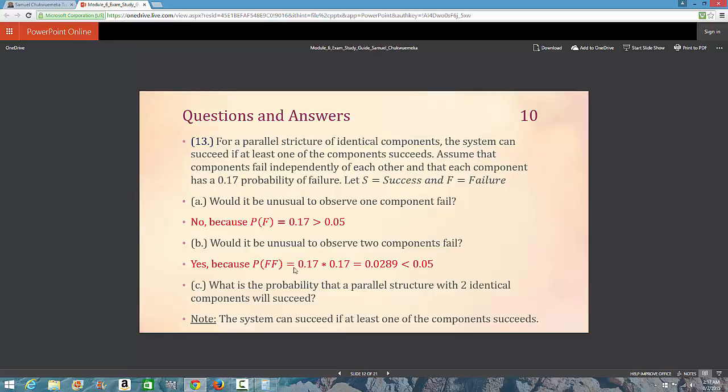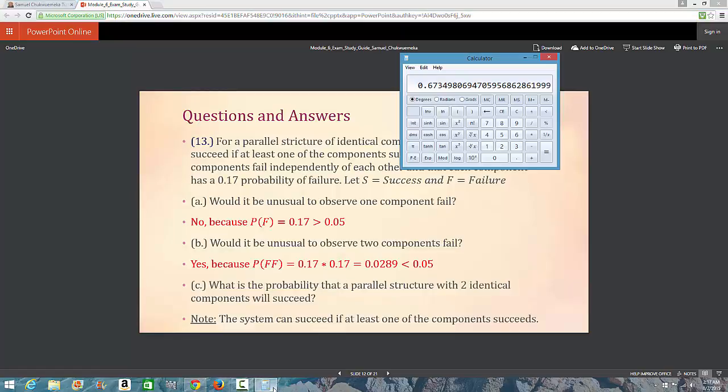For two components to fail, it will be 0.17 squared. You can do 0.17 times 0.17, or you just do squared. The easiest thing is to do squared. So this is 0.0289. It is less than 0.05. So it will be unusual.